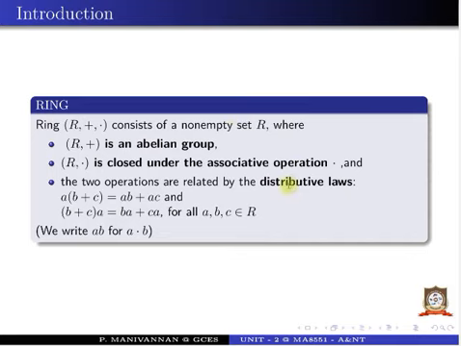Then two distributive laws under addition and multiplication: a dot (b plus c) equal to a dot b plus a dot c, a multiplied inside. Similarly, (b plus c) dot a equal to b a plus c a, for all a, b, c belongs to R. We write ab for a dot b. It is called a ring.